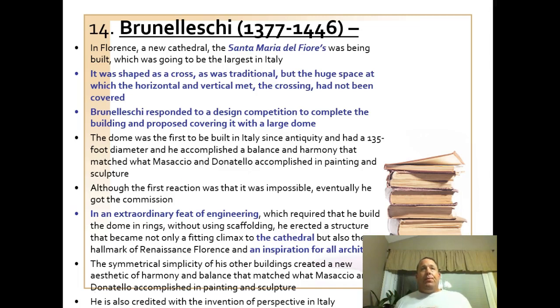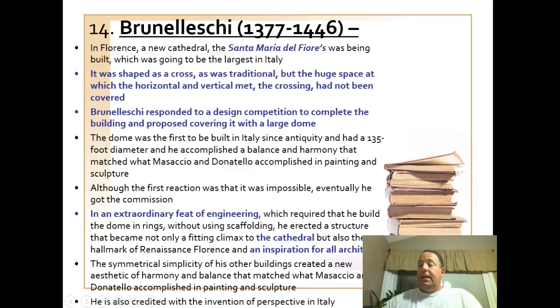When we look at domes, the last two domes prior to this: the last one was in the 2nd century, the Parthenon in Rome, and then after that the Hagia Sophia, the Holy Wisdom in Constantinople, in the 6th century. So it's almost been 1,000 years since anyone had attempted to build a dome, and this is quite a feat, quite an undertaking.